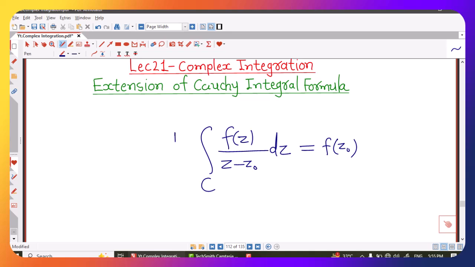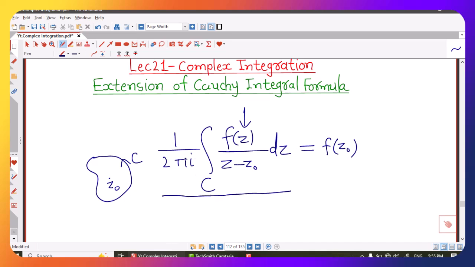Whenever our function f of z is analytic everywhere inside and on a simple closed contour C, and z0 is any point interior to C, then this integral multiplied by 1 upon 2 pi i is given by the value of function f at point z0.